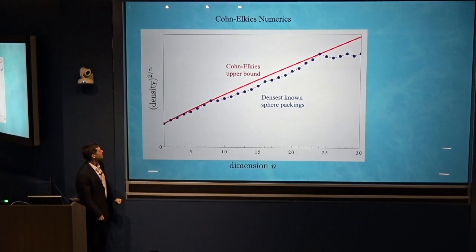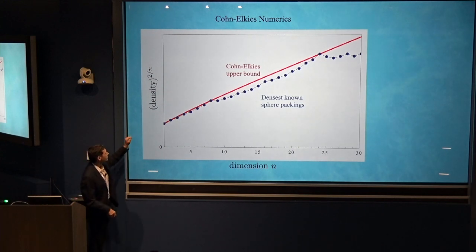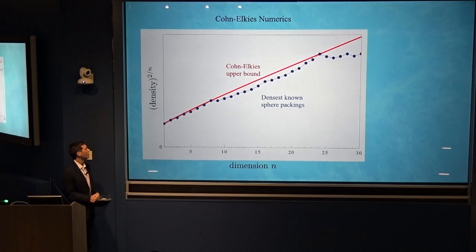And the Cohn-Elkies theorem says that if you can find a function with certain properties, then you can derive a bound on the density of all possible sphere packings. And that bound is the red line. So what this plot says is, the vertical axis is density, or density rescaled in some way.